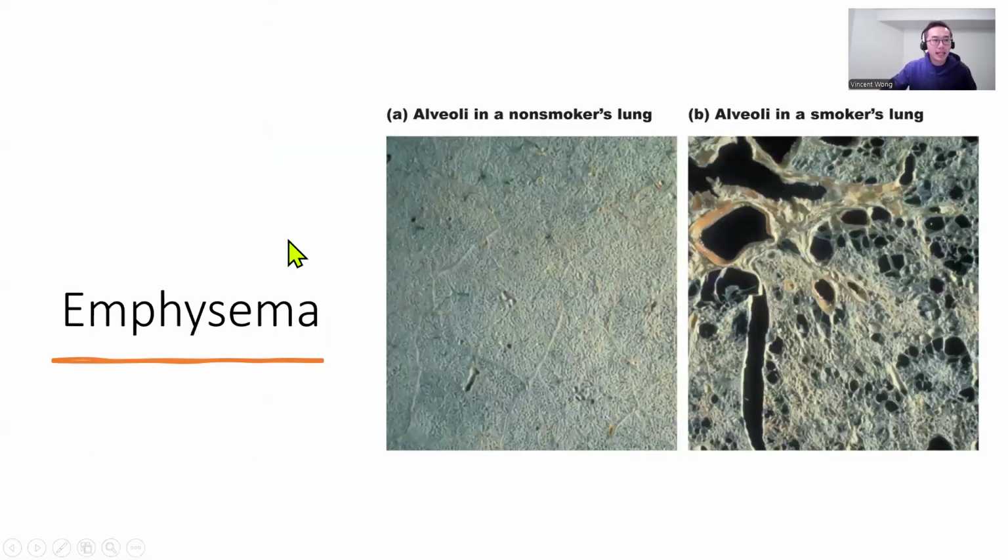Moving on, there is something called emphysema. In a non-smoker's lung, you can see the alveoli are nicely formed, covering the area entirely. And the lung is more like a balloon in a normal person. I already described this before. Air goes in, and for the most part, air can come out on its own without too much effort.